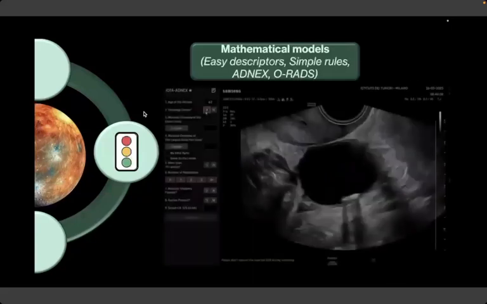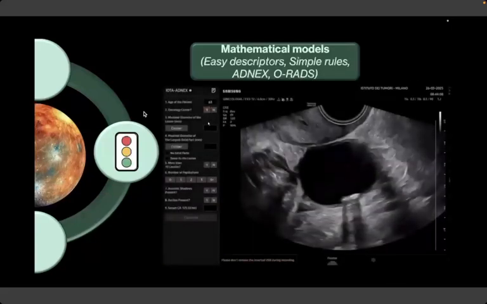To apply the ADNEX model, we simply enter the required clinical and ultrasound features, and we immediately obtain the risk of malignancy. Now we are measuring the solid component.